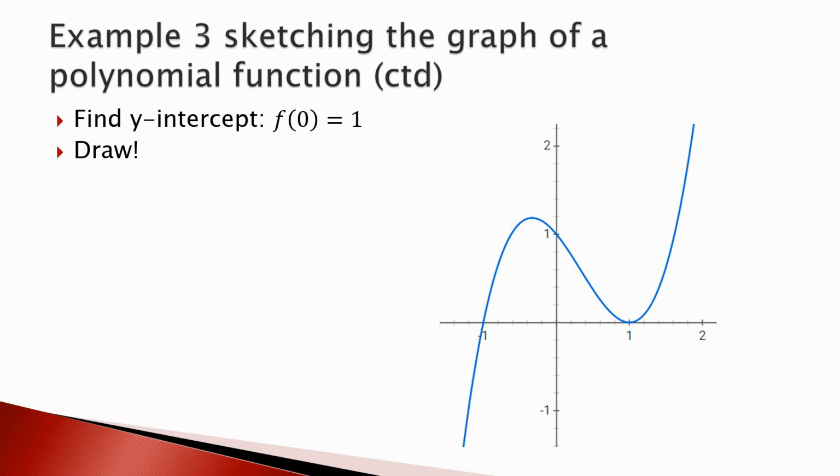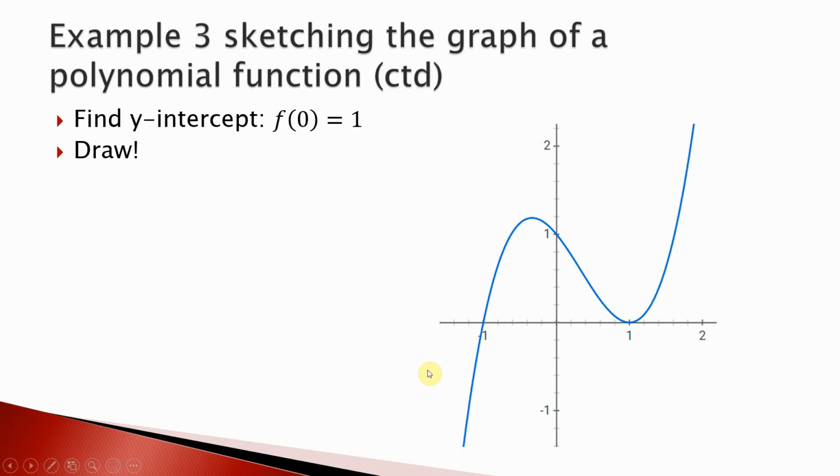So at this x-intercept, it will only touch and go. Okay, and at this x-intercept, it will cross the x-axis. So how we are going to draw this: now we know the end behavior, so it has to come from this side, from the bottom, because to the far left it falls.